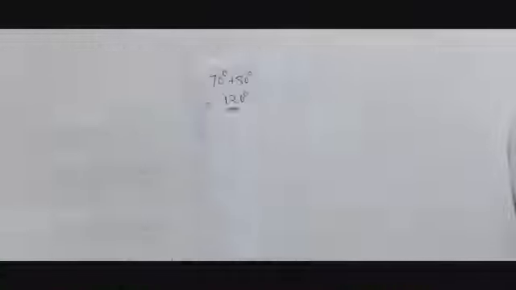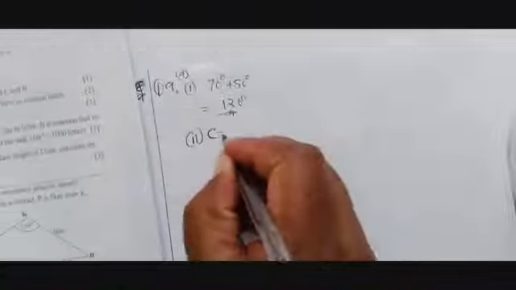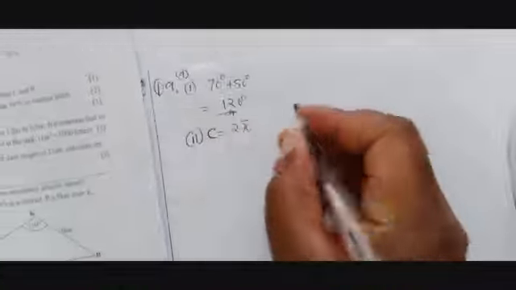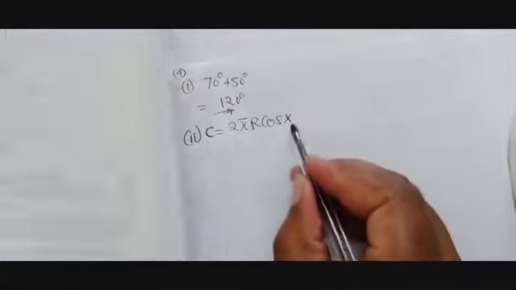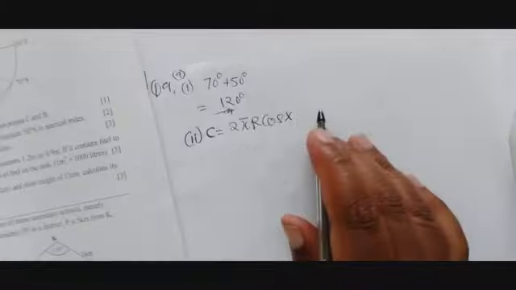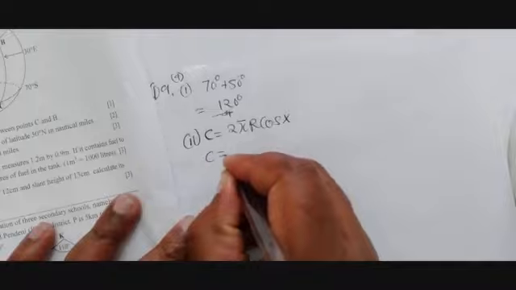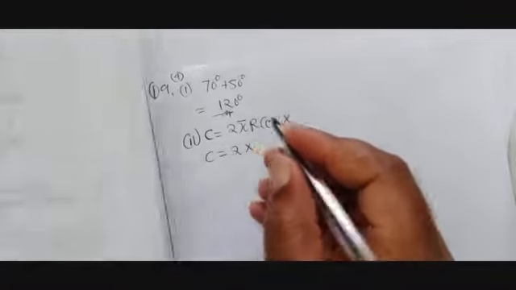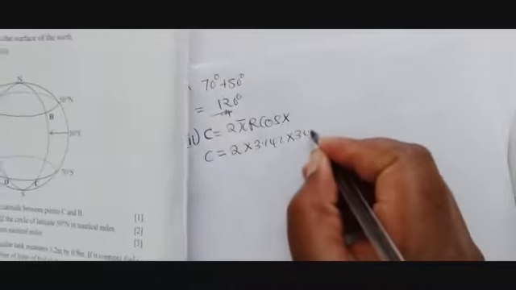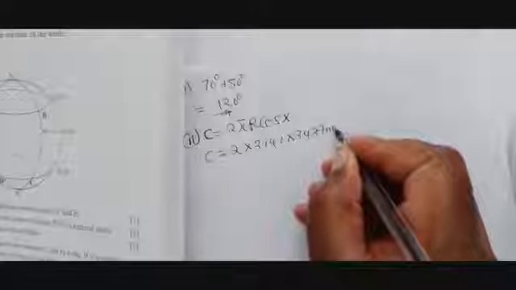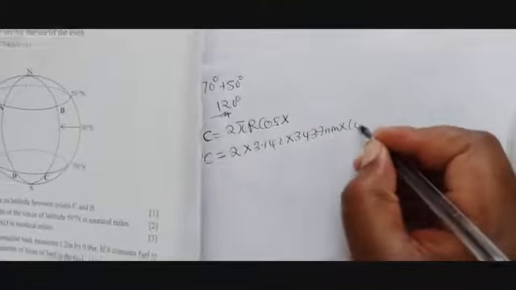All right, so say circumference is equal to 2 pi r cos x. X here is the angle of latitude. All right, so say this is equal to 2 times our pi is 3.142 times 3437 nautical miles times cos, what is the angle of latitude?